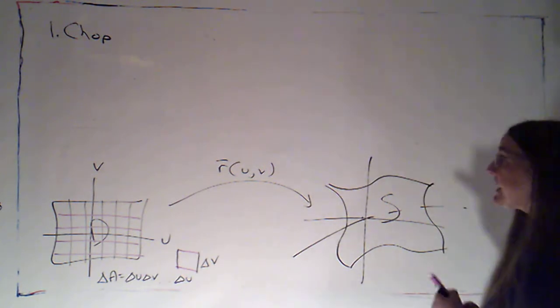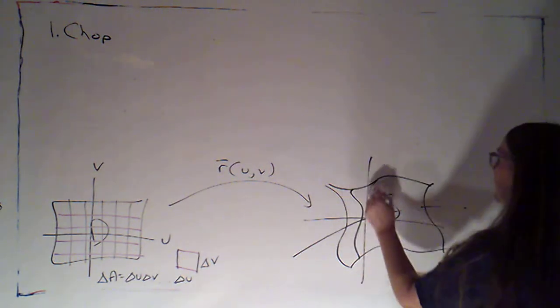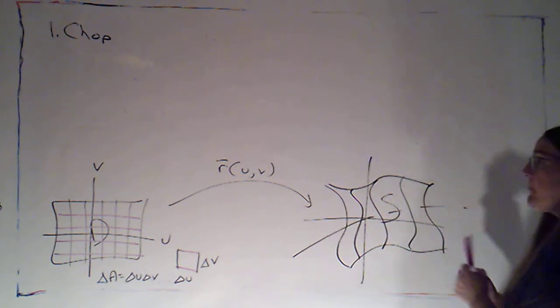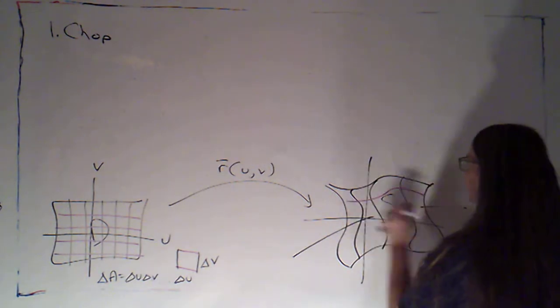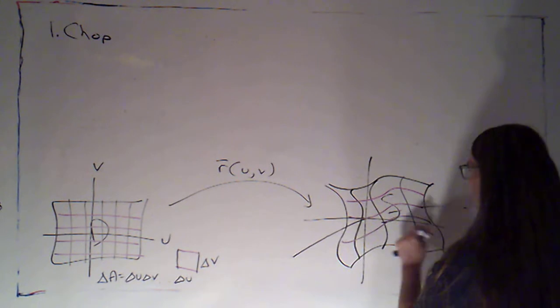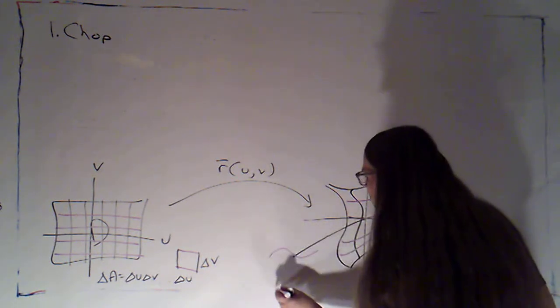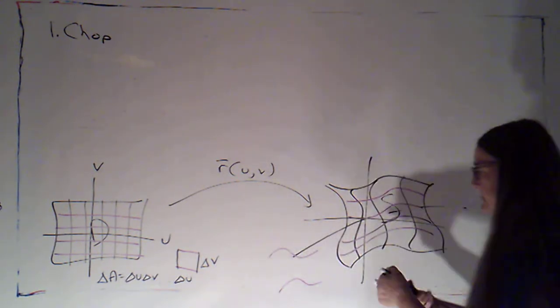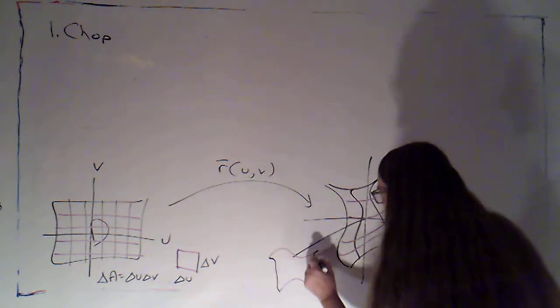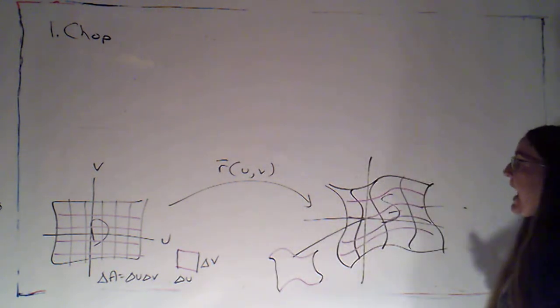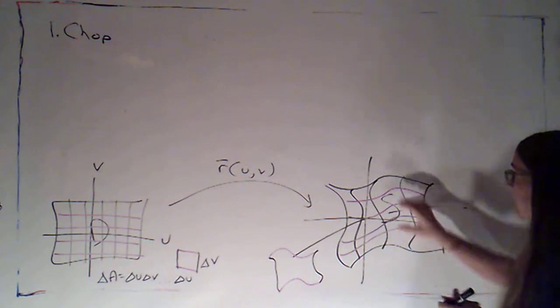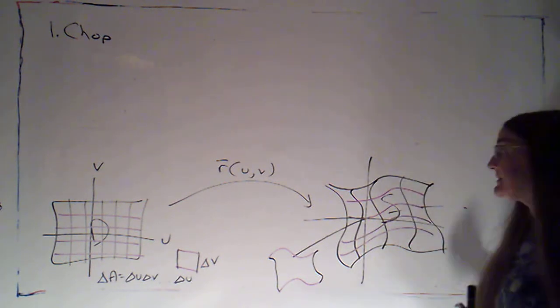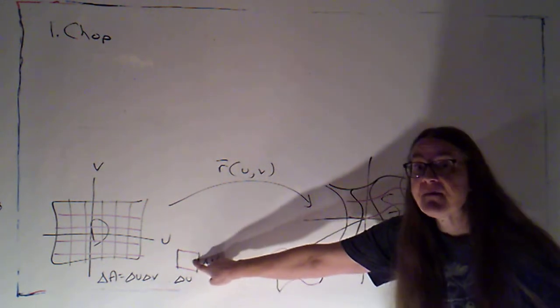That, of course, is going to induce a chopping of S into little patches of surface. And so I can work with each of those little pieces. Now, these all have the same area.